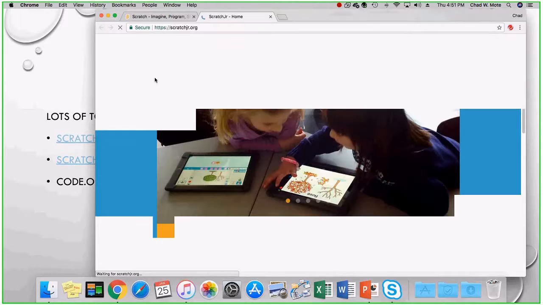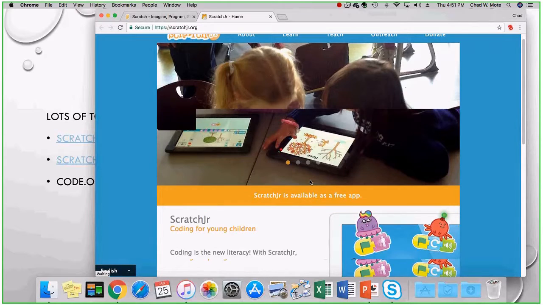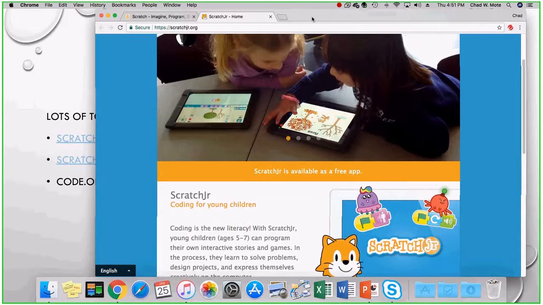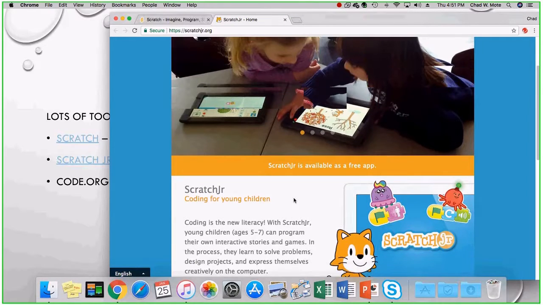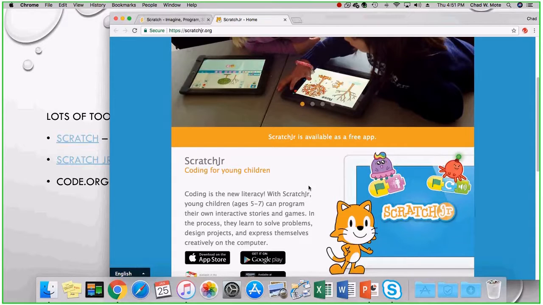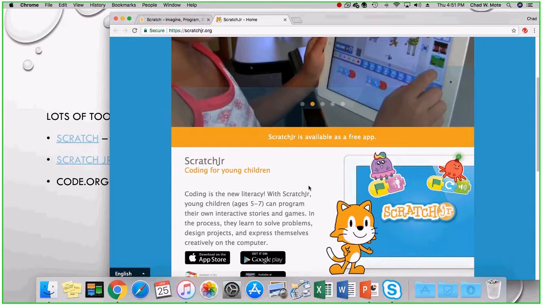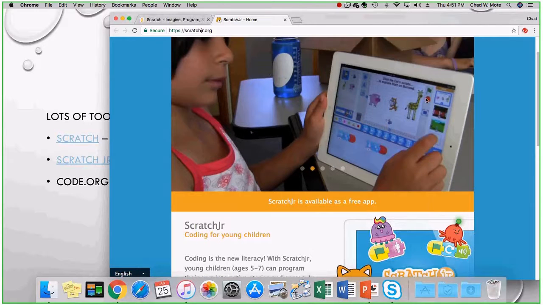Let's look at Scratch Junior. You can see here the applications that are involved, lots of video, lots of focusing on a few constructs or a few things that the kids can grapple with: animals, plants, movement, shapes, those kinds of things that are in the standards in the younger grades.